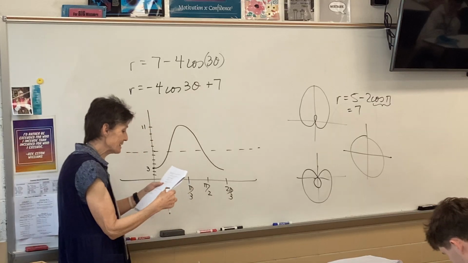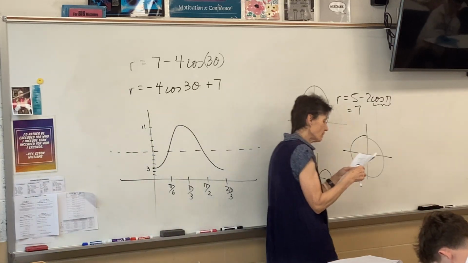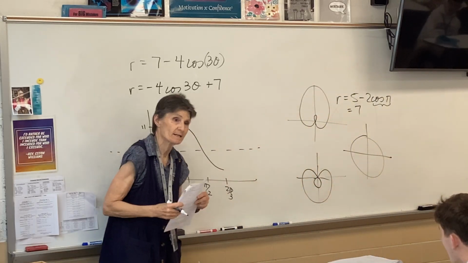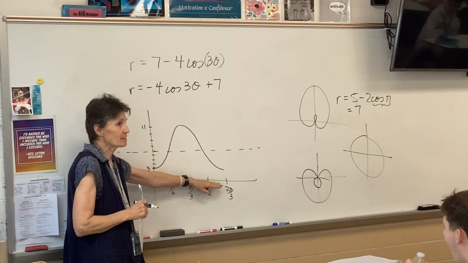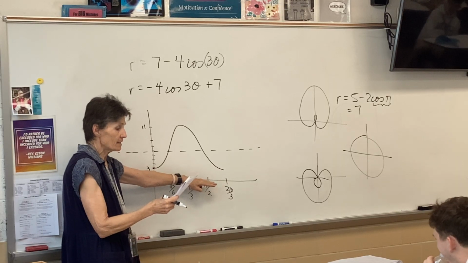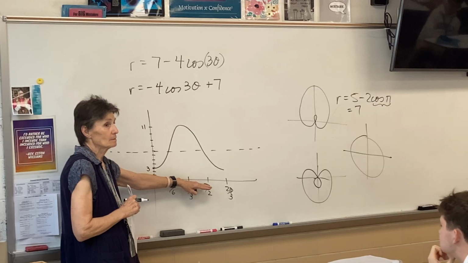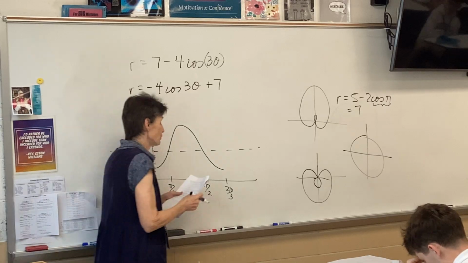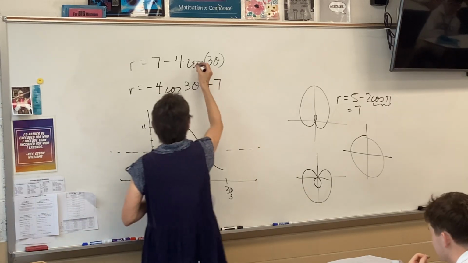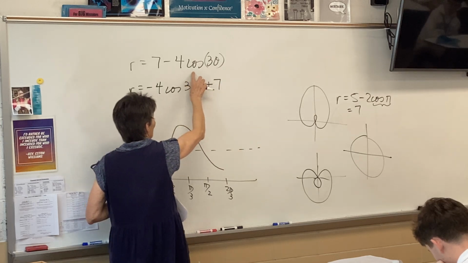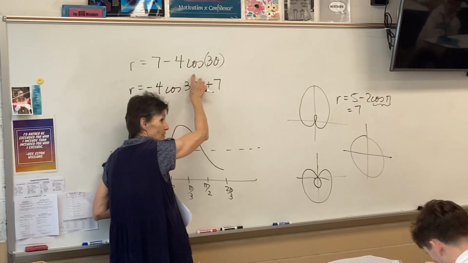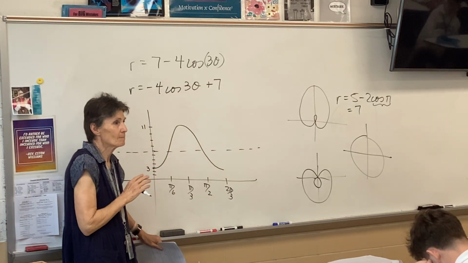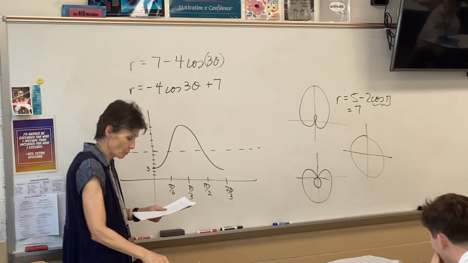The minimum distance that a point on this curve is from the origin, or in rectangular coordinates, the x-axis, is 3. True. Another way to think about it: look at your equation. The biggest cosine can be is 1. So isn't 7 minus 4 as small as you can be? 3. Yeah, so that's true.